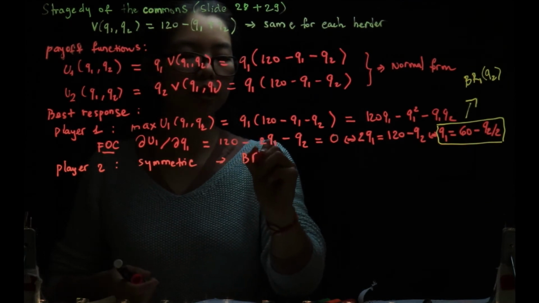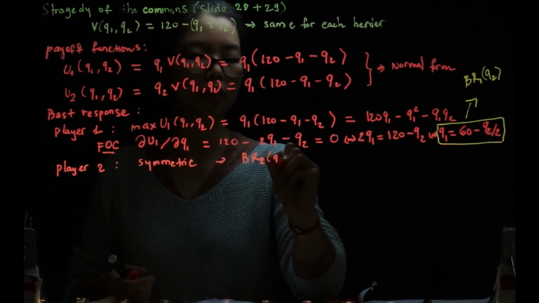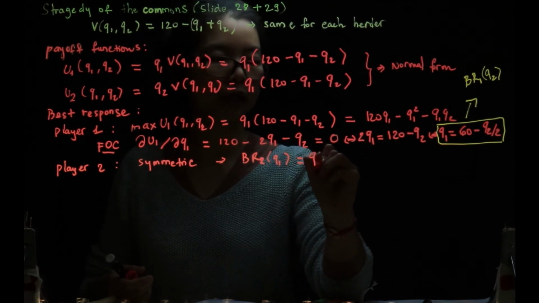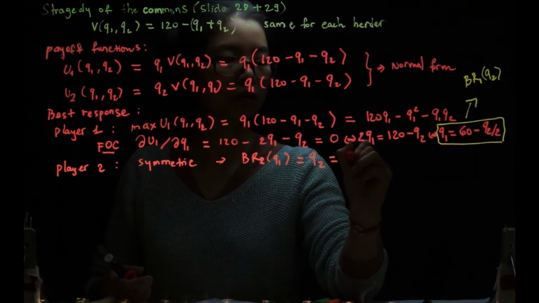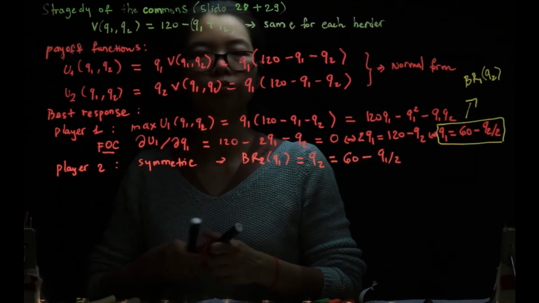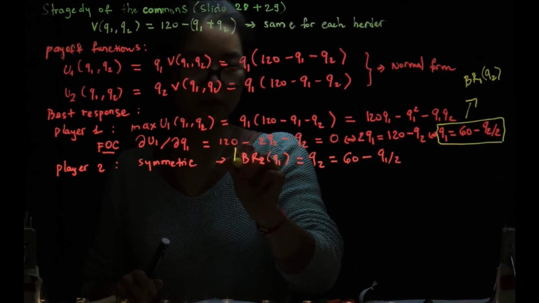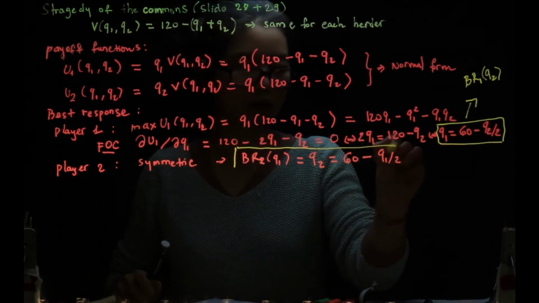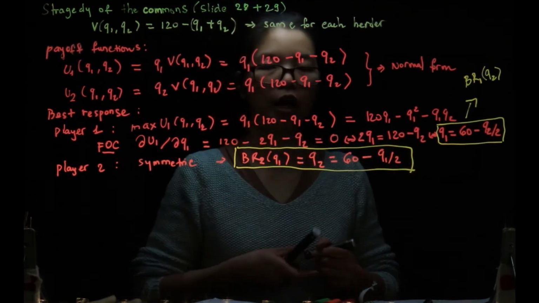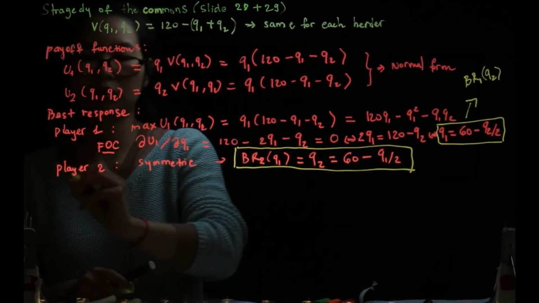So the best response for herder 2 as a function of q1 is given by q2 equals 60 minus q1 over 2. Verify yourself if that's true or not. Then the next question is how to solve for the Nash equilibrium given this best response function.